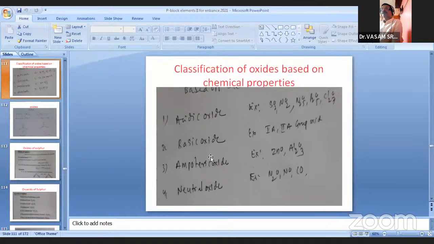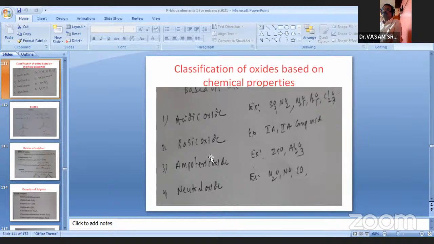There are basically 4 types: one is acidic, second basic, third amphoteric oxide, and fourth neutral oxides. So from the first classification, 6 types of oxide, and from the second classification, 4 oxides; 6 plus 4, a total of 10 oxides are available in our inorganic compounds.